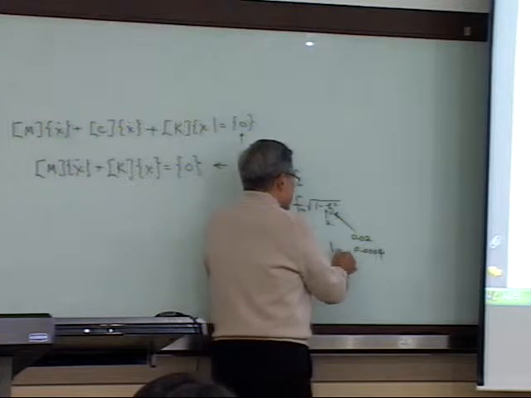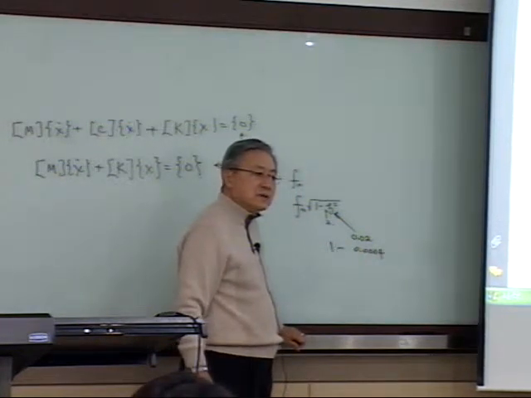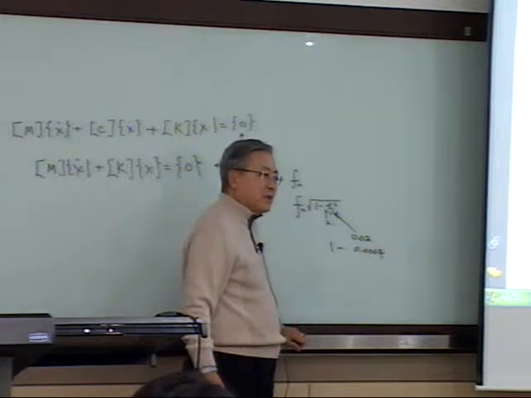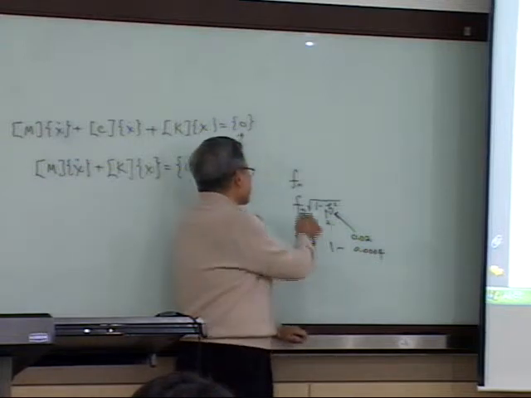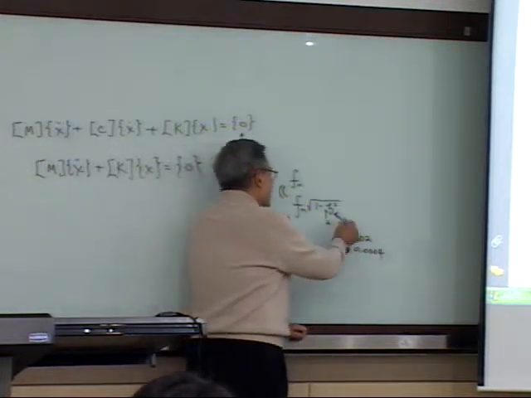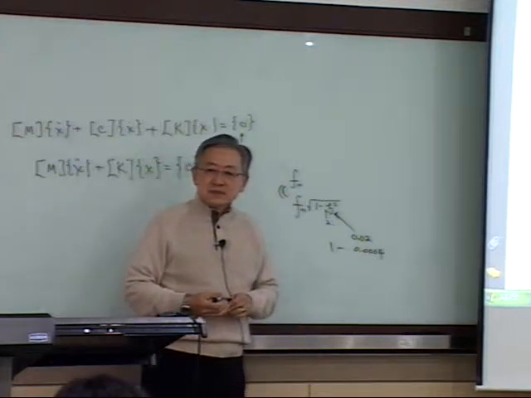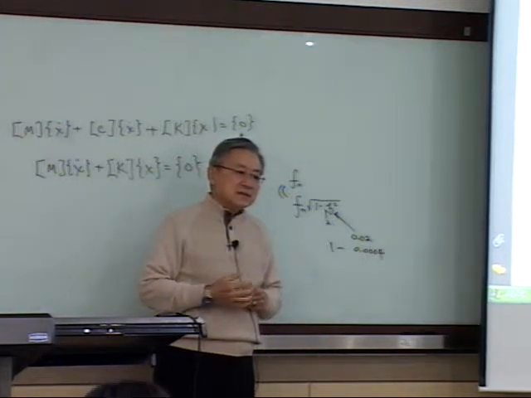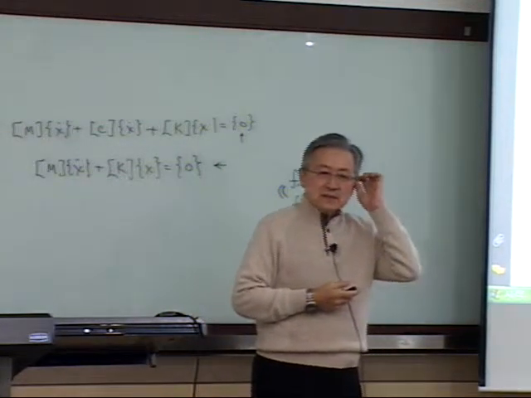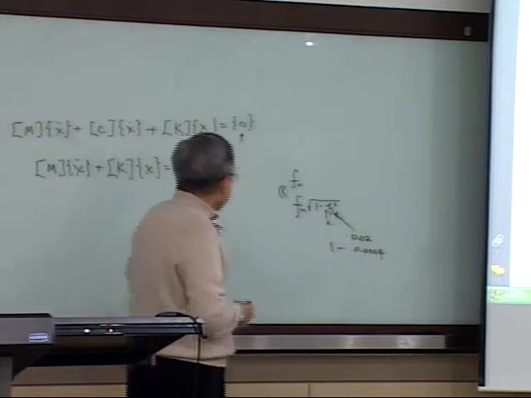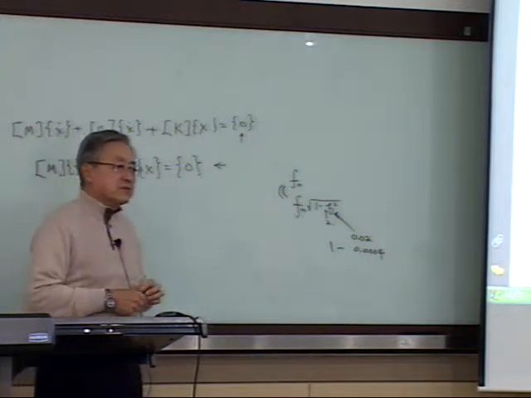So 1 minus 0.0004 is very close to 1. The square root of a value which is very close to 1 is about 1. So this result for small damping is about the same. You see it? So that's another reason you can just use an undamped system to compute natural frequencies.